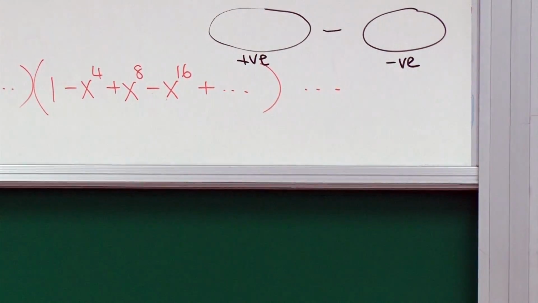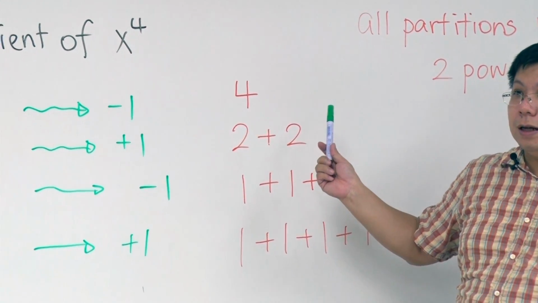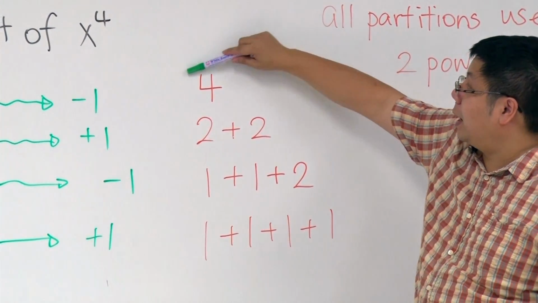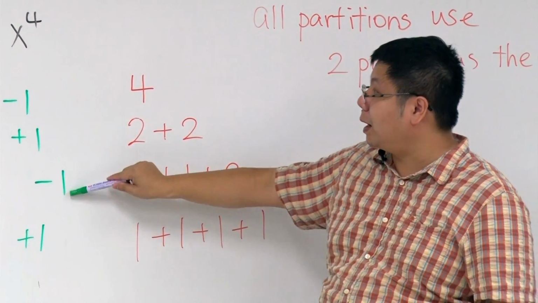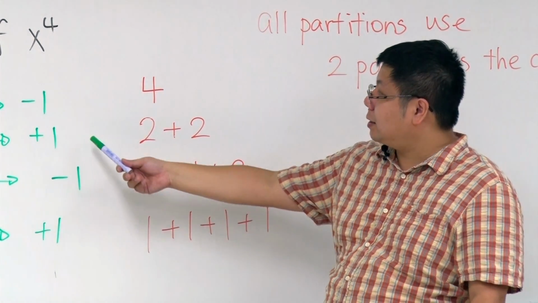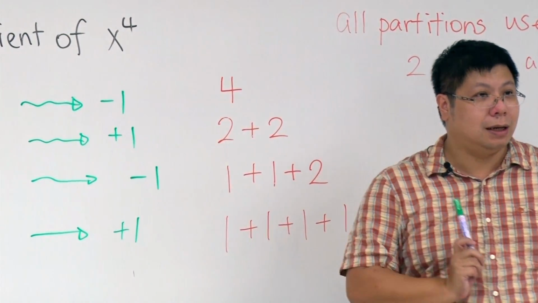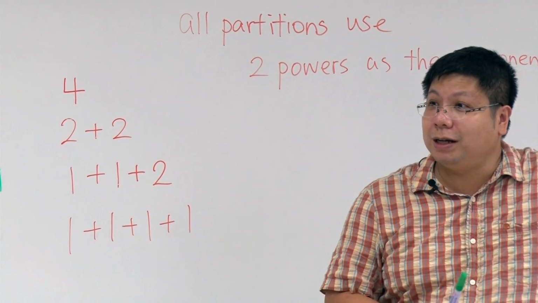So this should be related to odd and even, right? If it has an odd number of parts, just 1 part or 3 parts, then it would be -1. Does that make sense? If it has an even number of parts, then it would be +1. Is that okay? Make sense, right?